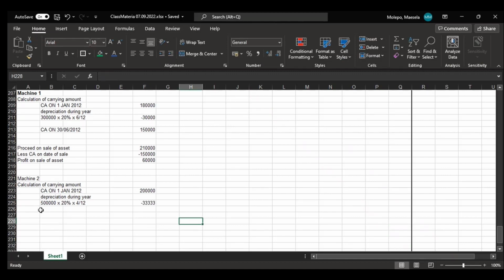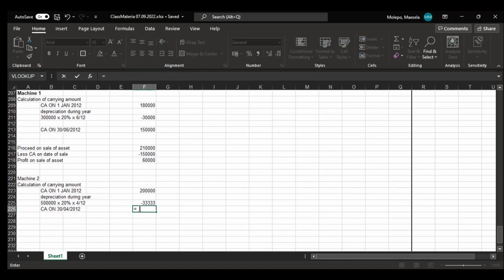Then the carrying amount on 30 April 2012. Do you get this value?